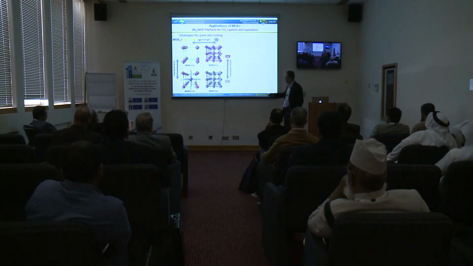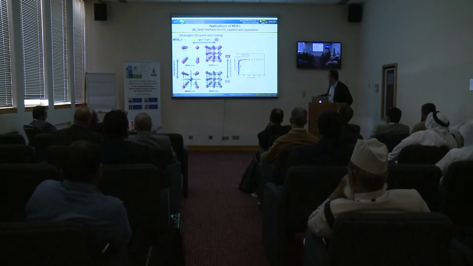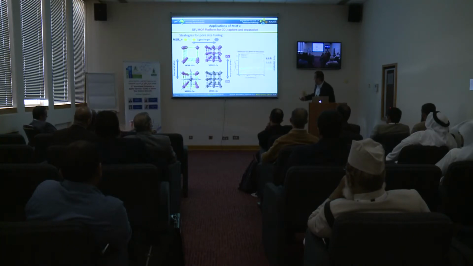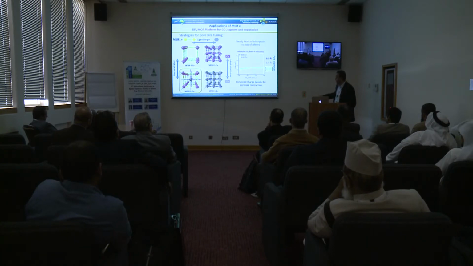And I will not go into detail here, but just to give you the highlight of this work. So again, this is the sorption. I only limit it to 0.1 bar. You can see here one of the materials has a very steep uptake of CO2. And let's go into detail here. The first one, which is right here, has a 4.9 angstrom pore size, and most important, it has a steady adsorption heat.